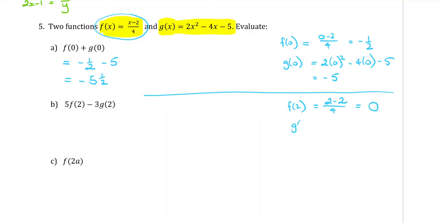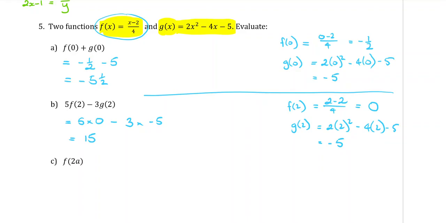Then g of 2 is going to be 2 lots of 2 squared minus 4 lots of 2 minus 5, which happens to be equal to minus 5 again. So if I want 5 lots of f of 2, I want 5 times 0 minus 3 lots of g of 2, which is 3 times minus 5. 5 times 0 is 0, minus 3 times minus 5 is a positive 15.